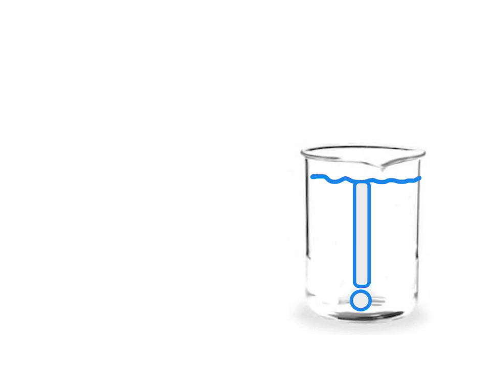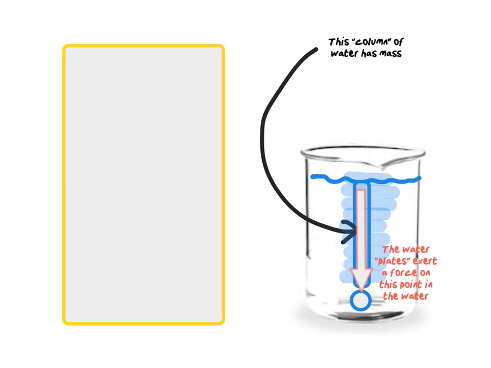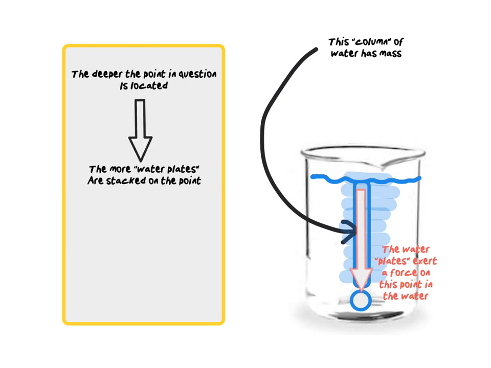Now that water has mass, and so it's as if there's a huge stack of water plates sitting on top of that point, exerting a force and therefore a pressure on that specific point. It goes without saying that the deeper the point is located, the more plates of water there are above that point, and therefore the heavier the column of water is above that point.